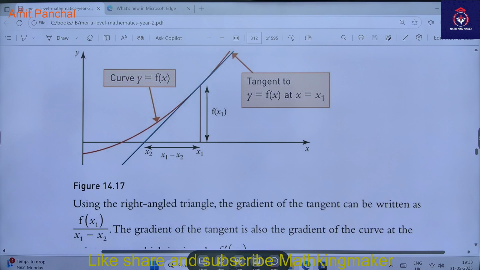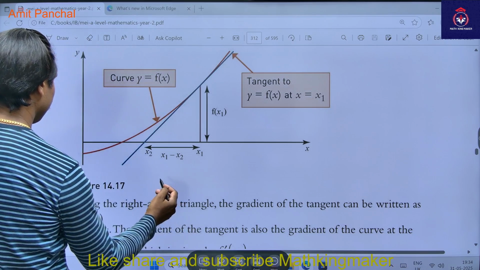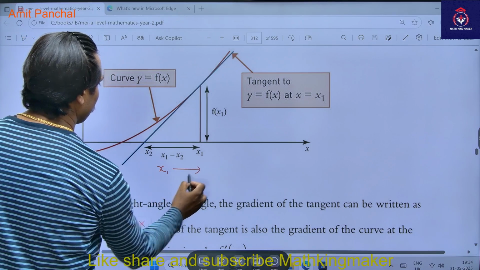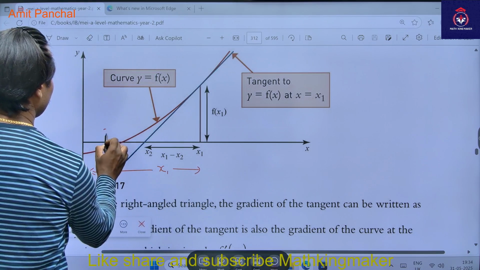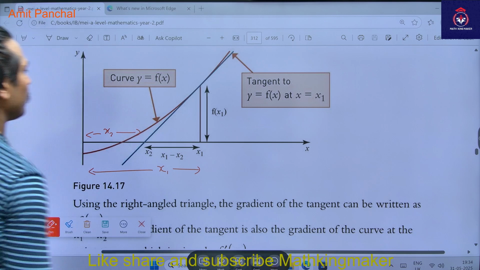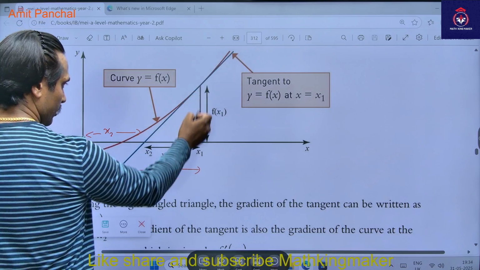This whole one is x1, this one is x2, so this value will be x1 minus x2. And this height will be f(x1).